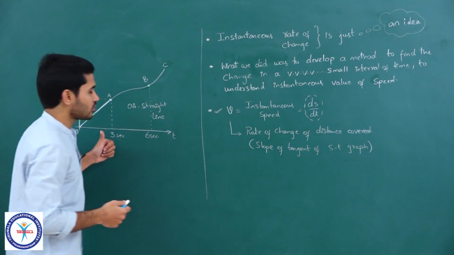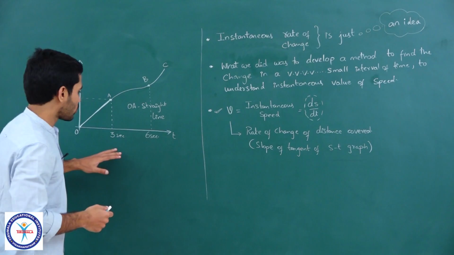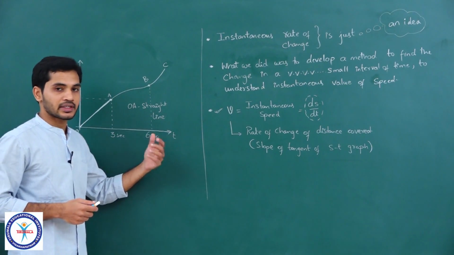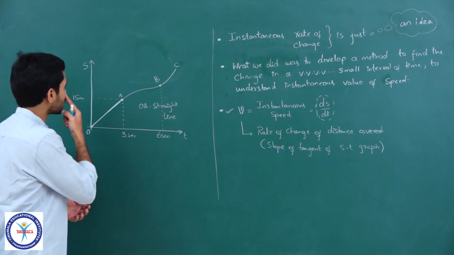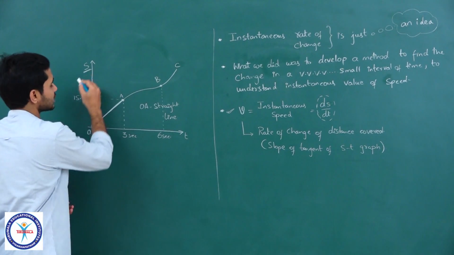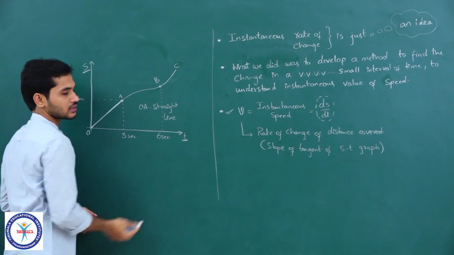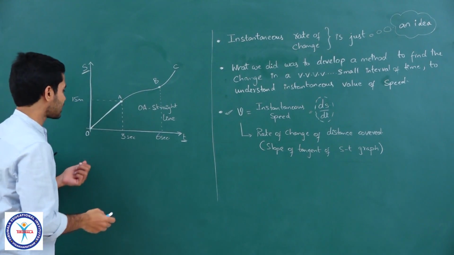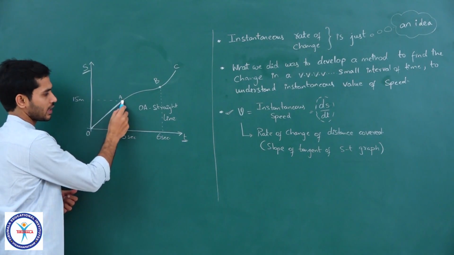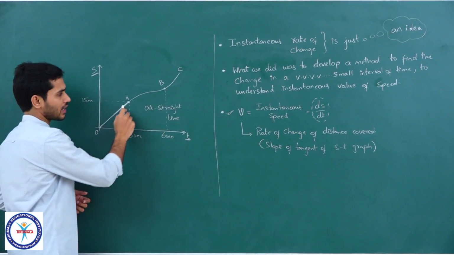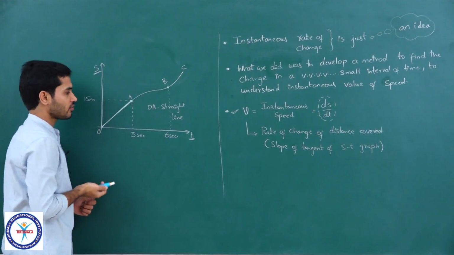So let us just see one simple example based on that particular idea, and then we can start off, right. Here they have given us the graph between distance covered by the body and the time, and as you can see they have given that this OA is a straight line and after that it is some random curve.